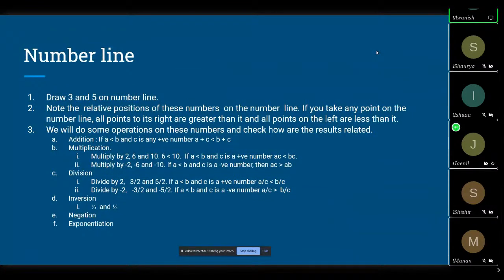Sir, 1 by 3. 1 by 3 is larger, right? So A was less than B, 1 by A will be more than 1 by B.